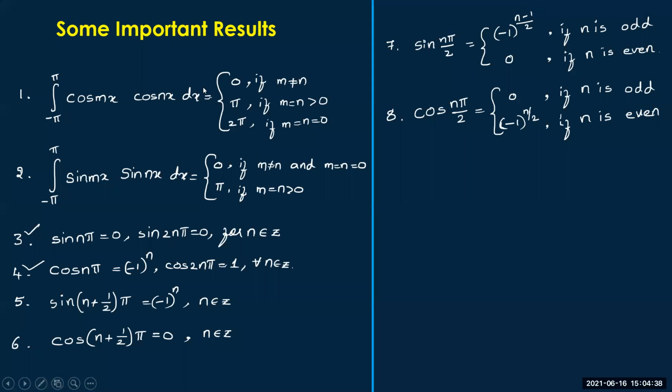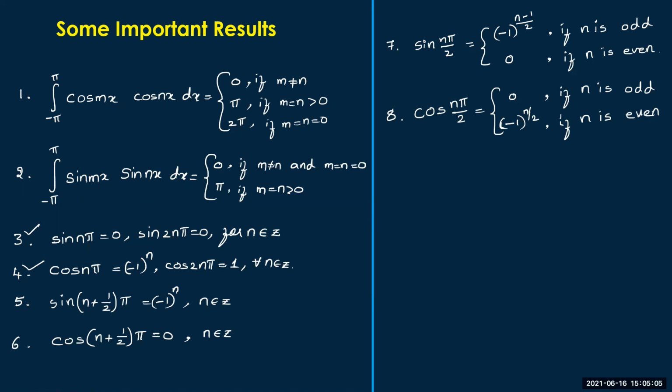We need to remember more very important results, which are highly useful in simplifying those Fourier coefficients. In particular, you see here, rule 3 and rule 4. We use these two very frequently in almost every problem. Because while evaluating the Fourier coefficients, we are simplifying certain integrals.